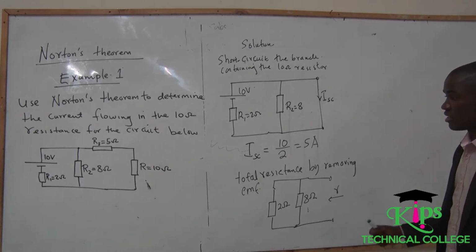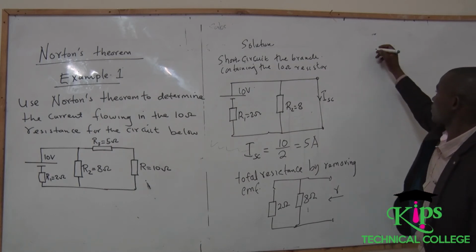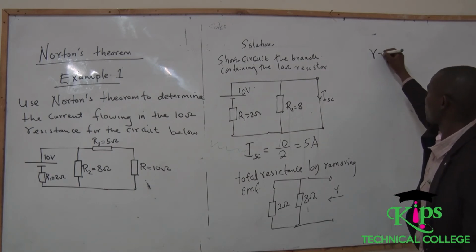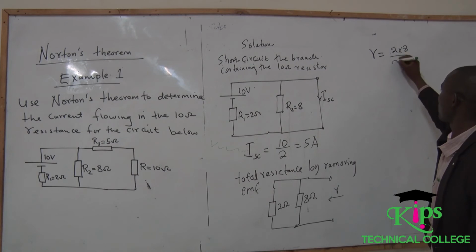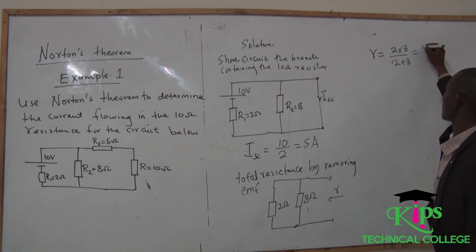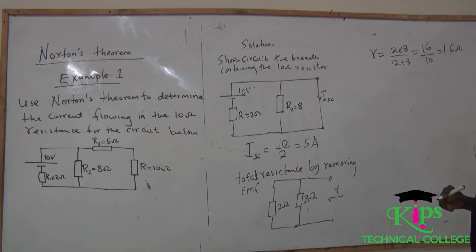And you can see we are only having 2 resistances remaining. So the total resistance R will be equal to the product over sum, 2 times 8 all over 2 plus 8, which becomes 16 over 10, which gives us 1.6 ohms. That is the total resistance.